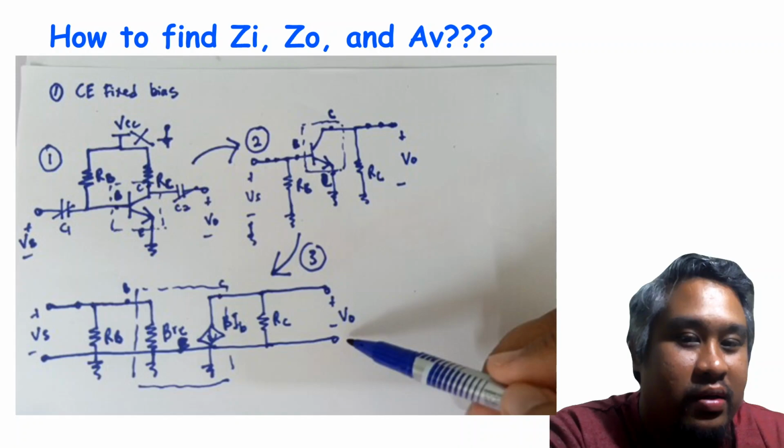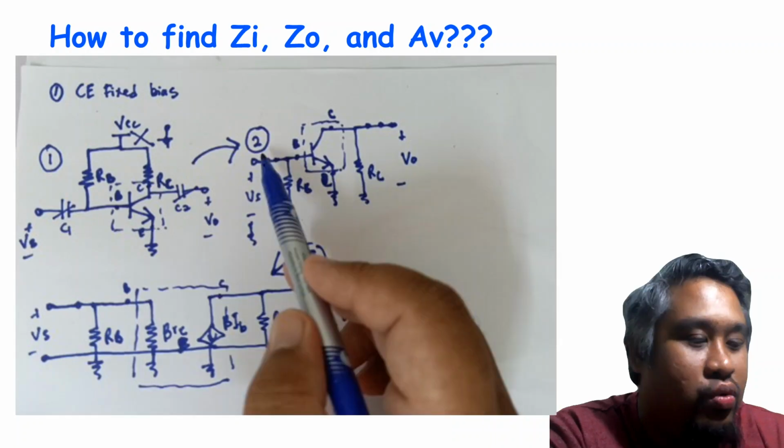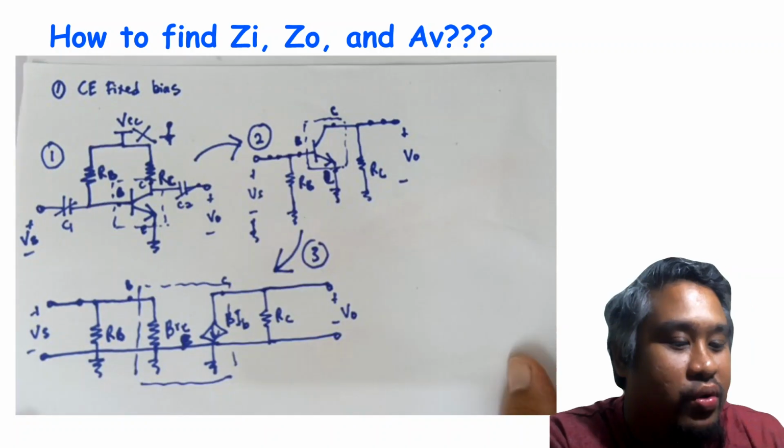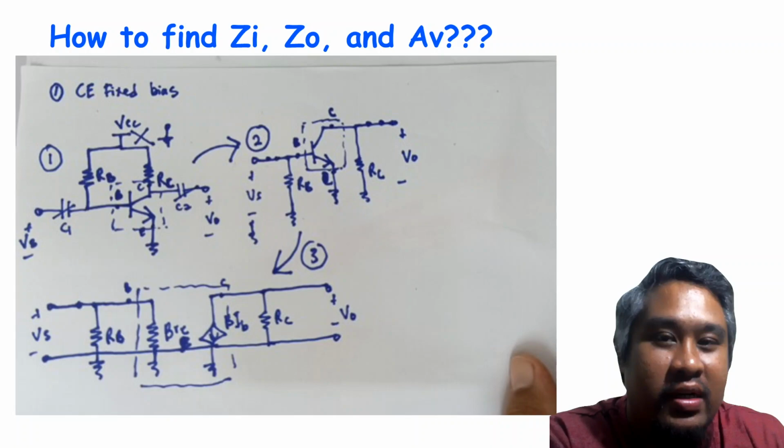So we have three steps until we complete the full RE model for this circuit. Next we are going to calculate ZI, the input impedance. Where is ZI?